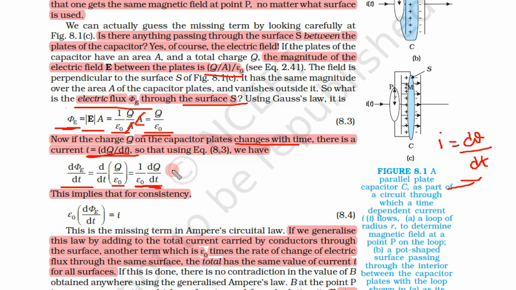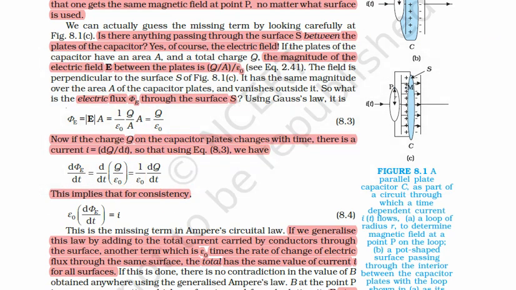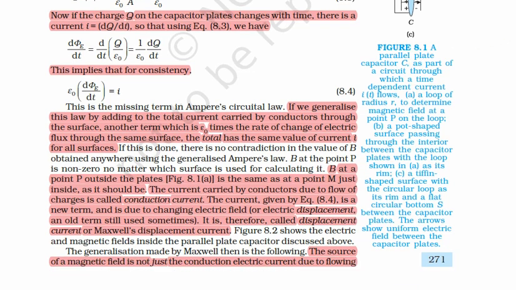And dq by dt is simply I, the current, because change in charge with time is current. So ultimately we get this equation. Taking epsilon naught to this side, epsilon naught into d phi E by dt is equal to I. This is the missing term in Ampere's circuital law.